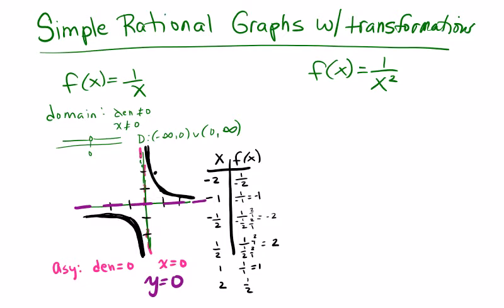Now, what happens when we square these? Well, we're going to start by doing the domain the same way. So the domain, we're going to say x squared does not equal 0. So that means x cannot be 0. So our domain ends up from negative infinity to 0, union 0 to infinity.